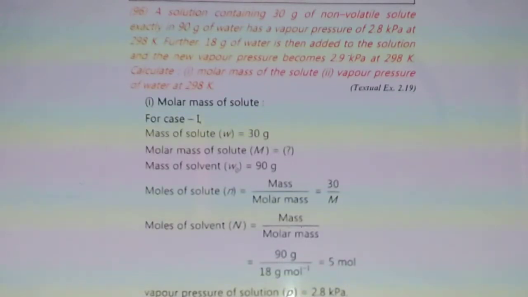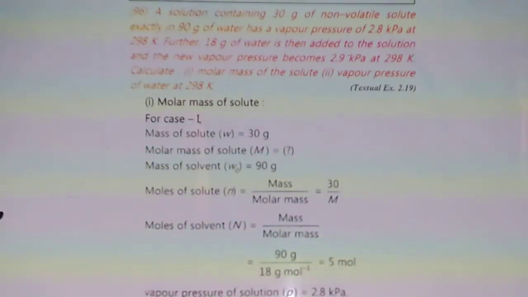Further, 80 gram of water is then added to the solution, and the new vapor pressure became 2.9 kilopascal at 298 Kelvin. Calculate the molar mass of solute and vapor pressure of water at 298 Kelvin.